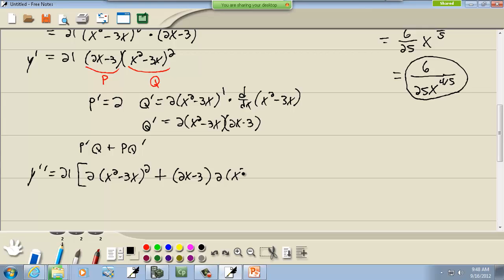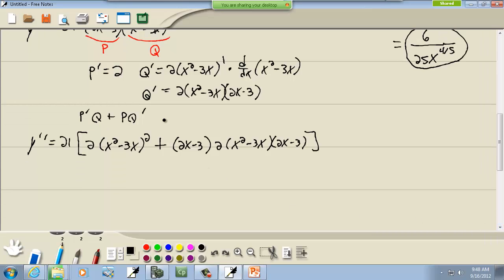So we got 2x squared minus 3x, 2x minus 3. Actually, that is the way I had it before. Never mind. Okay, this is considered one group.